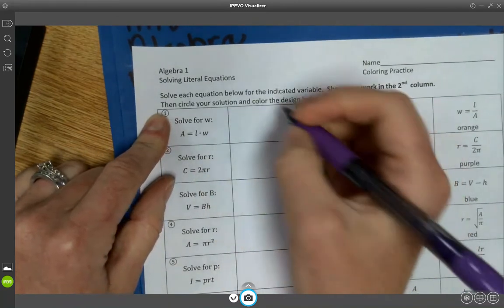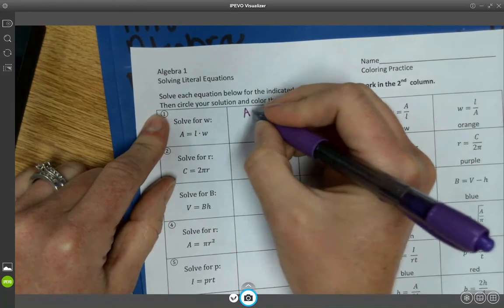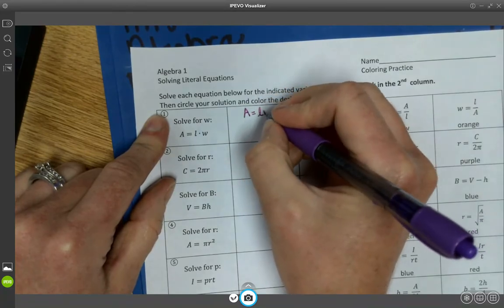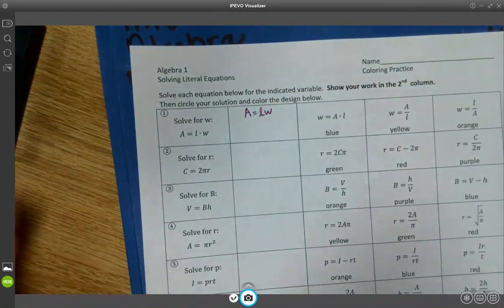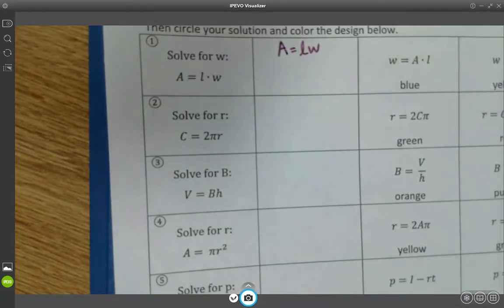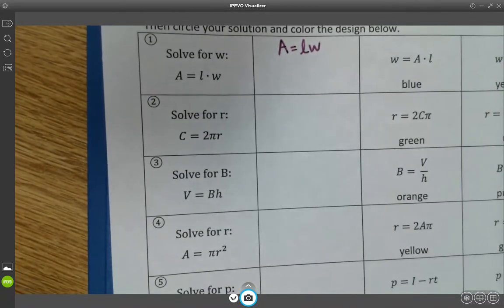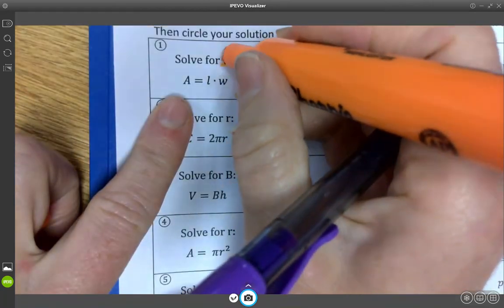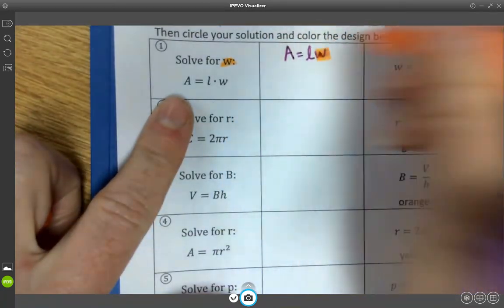So you're going to solve for W. So rewrite it. So area equals length times width. Then use your highlighter to solve for the variable.